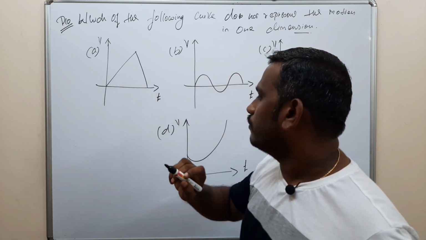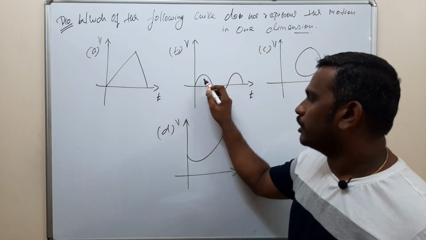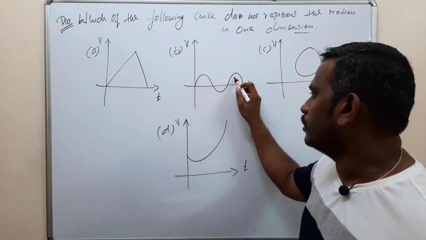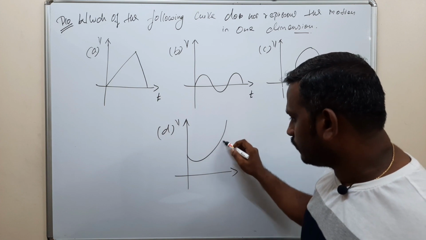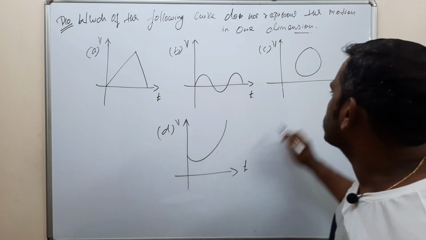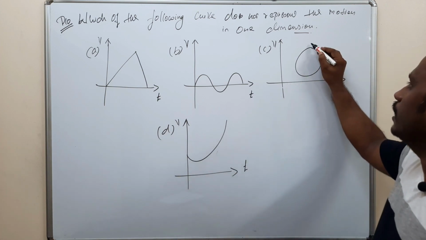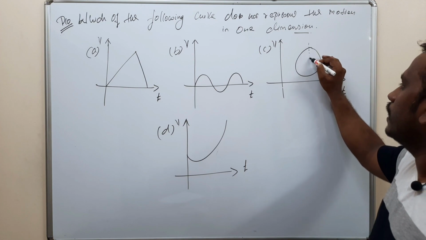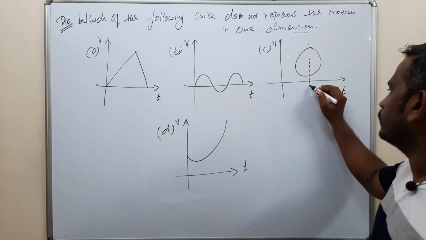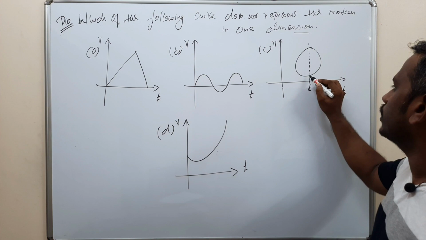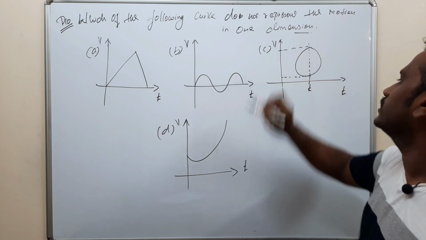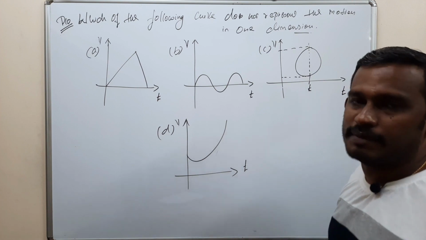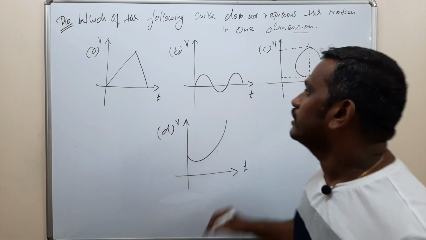Here also the body has only one velocity at a particular instant of time. But in this curve, at a particular instant of time, the body has two velocities. It is not possible in one dimensional motion. So this is the answer.